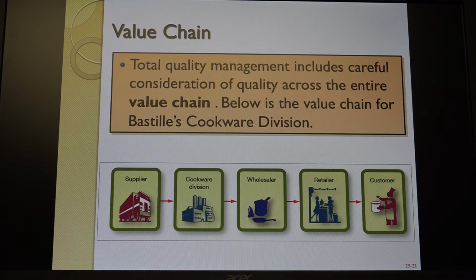And so here, your value chain for this cookware division would include the suppliers, the cookware division. If they just make the products, then they're going to have a wholesaler involved. And down the value chain further is the retailer and the customers.